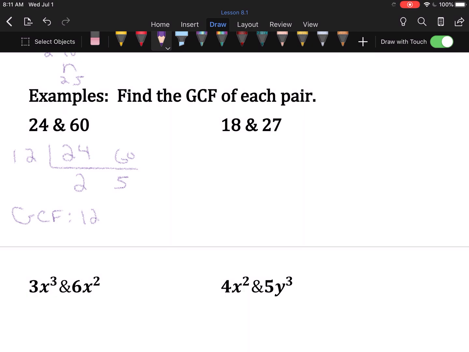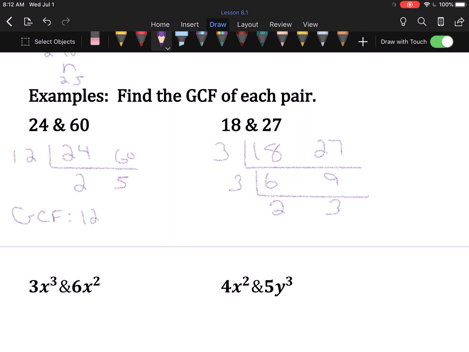Let me show you how that would work if I didn't immediately get the GCF, or the greatest common factor. So 18 and 27. Let's say we looked at these and said, hey, I can divide them both by 3. 18 divided by 3 is 6. 27 divided by 3 is 9. We look at these two numbers, 6 and 9, and say, hey, I can divide those both by 3. 6 divided by 3 is 2. 9 divided by 3 is 3.